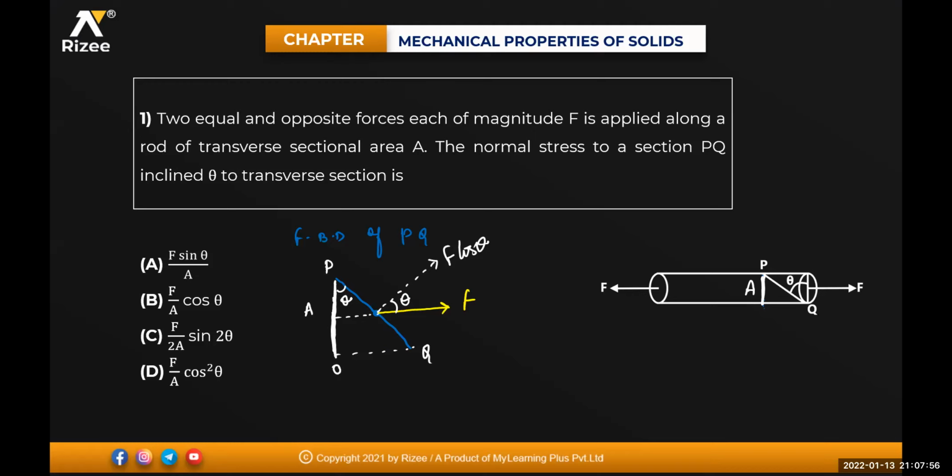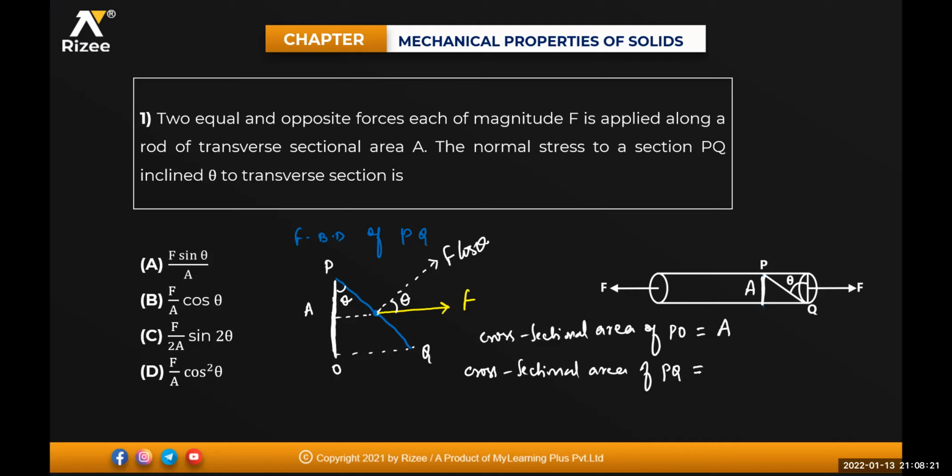What is PO? It is the area. The cross-sectional area of PO is equal to capital A. In the same way, for the cross-sectional area of PQ, just resolve it.